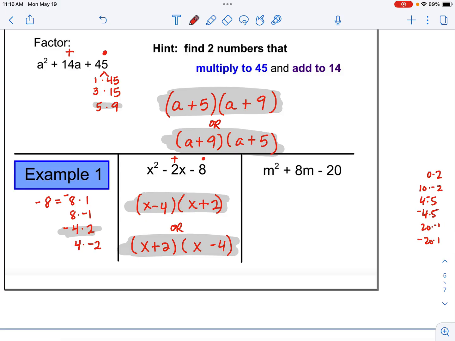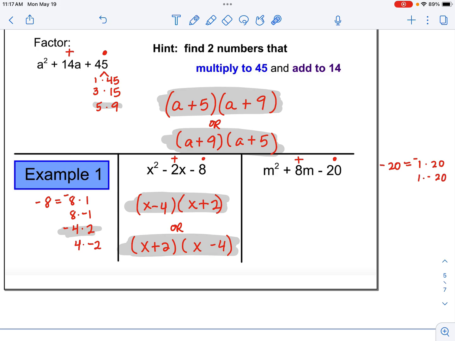And then finally on this page, we're looking for factors of negative 20, numbers that you multiply to get negative 20, that you add to get positive 8. Again, when I know it's a negative product, I know that I need one of the factors to be negative. So 1 times 20, I could check it with the 1 being negative, I could check it with the 20 being negative.